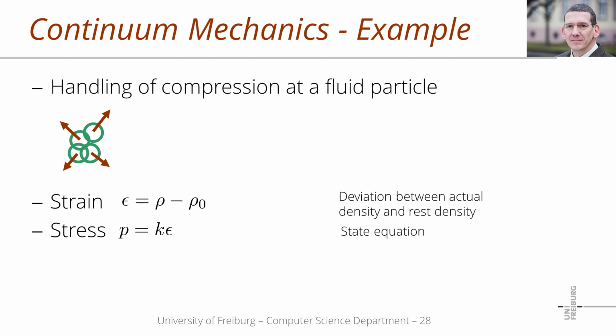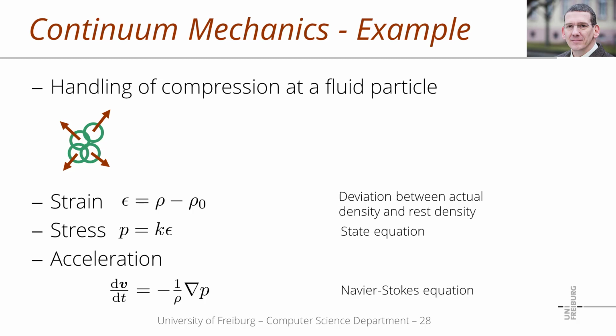In a next step, the strain is multiplied with a coefficient to get stress. And in this case, the stress corresponds to the pressure P in a fluid. And finally, we can compute a particle acceleration from pressure P, which is the negative gradient of the pressure divided by the particle density.